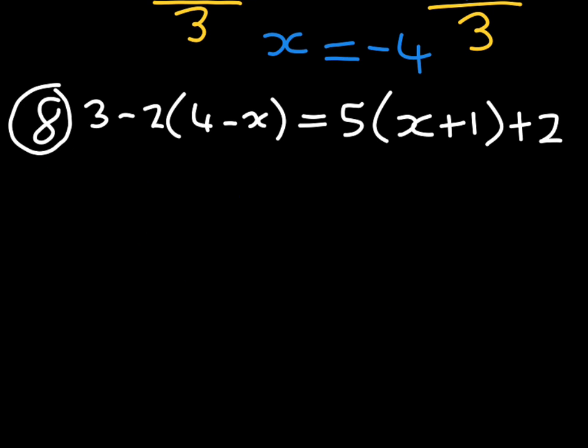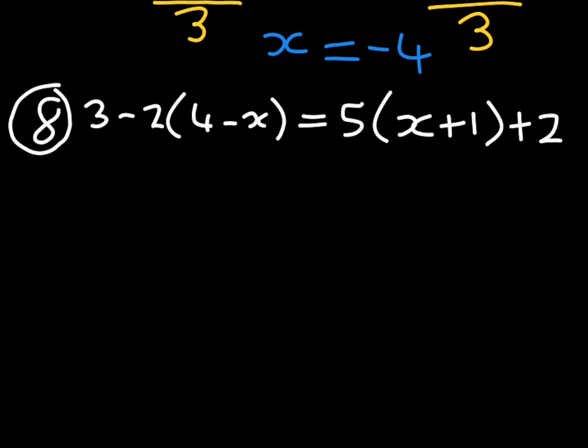For question 8, we have 3 minus 2 times 4 minus x. This equals 5 times x plus 1 plus 2. Now, once again, we first need to multiply these numbers into the brackets before we can carry on.